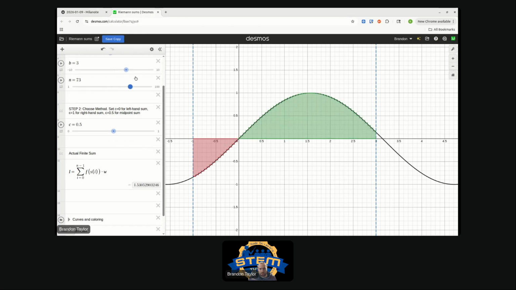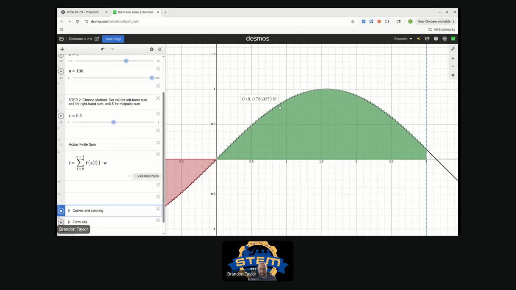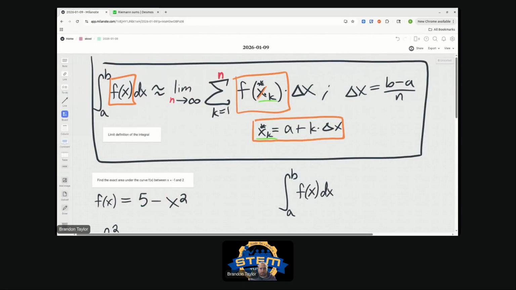However, as n goes up, I can zoom in here and say you can still pick any value between there, but you see how you're getting forced to one value. As n goes to infinity, the width of each shrinks, forcing you down to one exact x value. That's why we don't have to do this star.